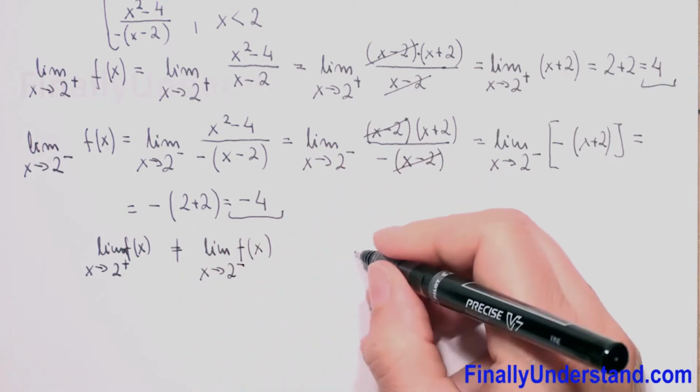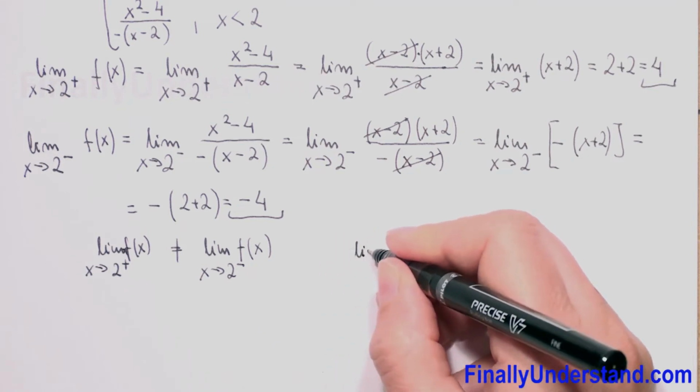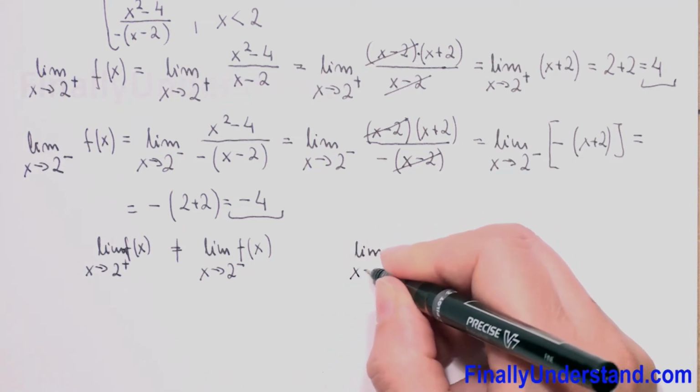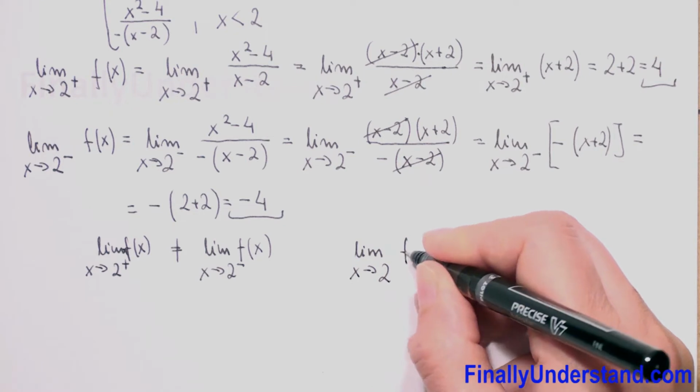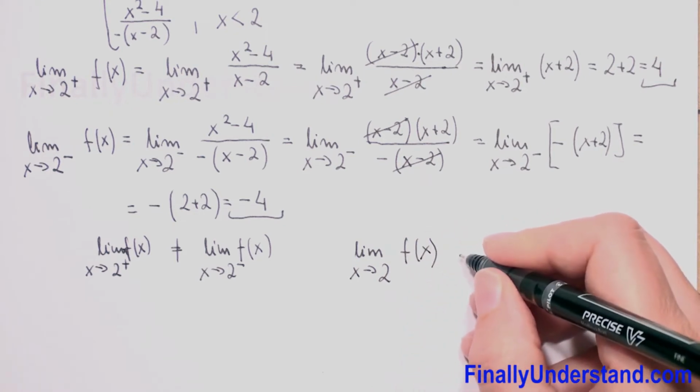It means the limit as x approaches 2 of f of x does not exist.